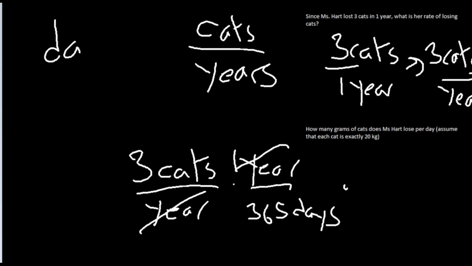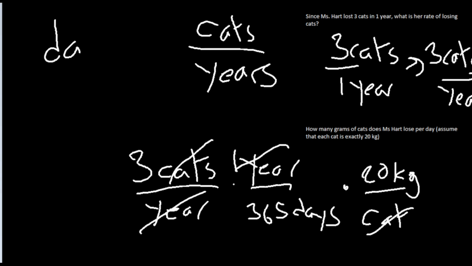So then you have 3 cats divided by 365 days, right? So now you want to cancel out cats. You want to have grams. So then you'll say 1 cat is 20 kilograms. So that will cancel out the cats. And then you'll say that 1 kilogram, remember from our previous units, is a kilo.